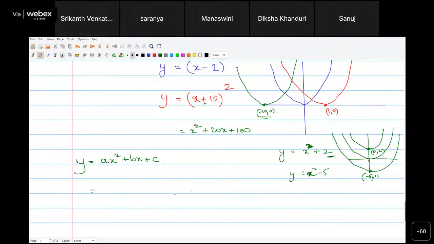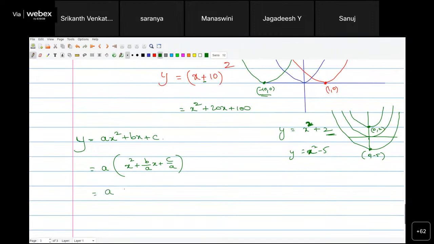So regarding y equals x squared minus 5, it will be 0 comma minus 5 point. Yeah, correct. Okay, I will take a common. So once I take a common, it will be x square plus b by a, x plus c by a.